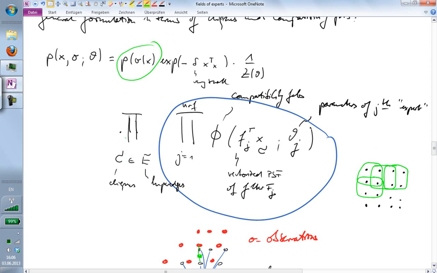So we have a product here going over the cliques, but in addition, I have a product going over the different experts. So I have multiple guys having an opinion here, and I'm multiplying all of them to obtain the overall energy or probability for a local set of random variables. And then, because they are overlapping, I obtain a non-trivial prior for the entire image.